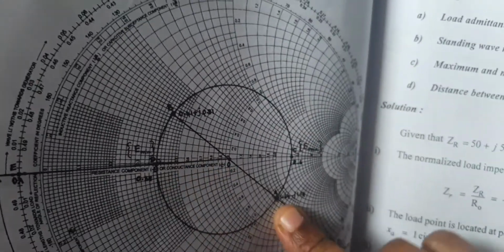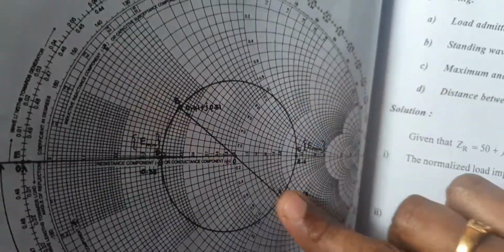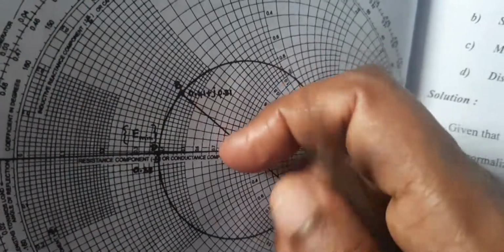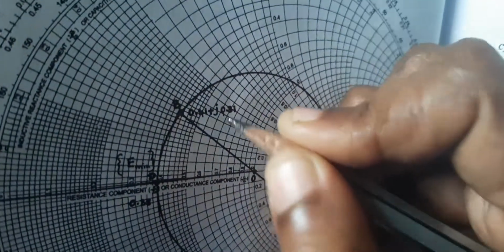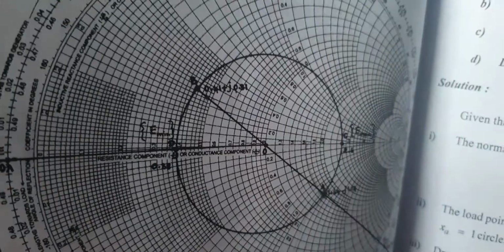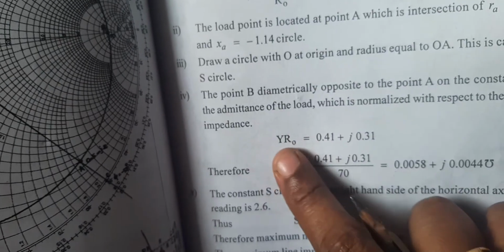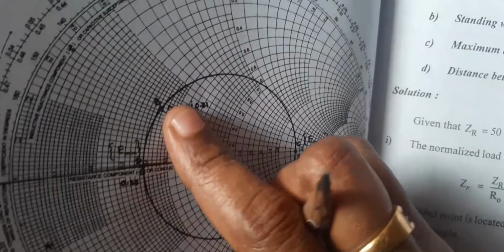So extend this impedance line through the circle and mark the point as B. The point of intersection, point B, is the admittance value. Okay, normalized admittance. So what is the value? 0.41. That is the admittance value y into R0.